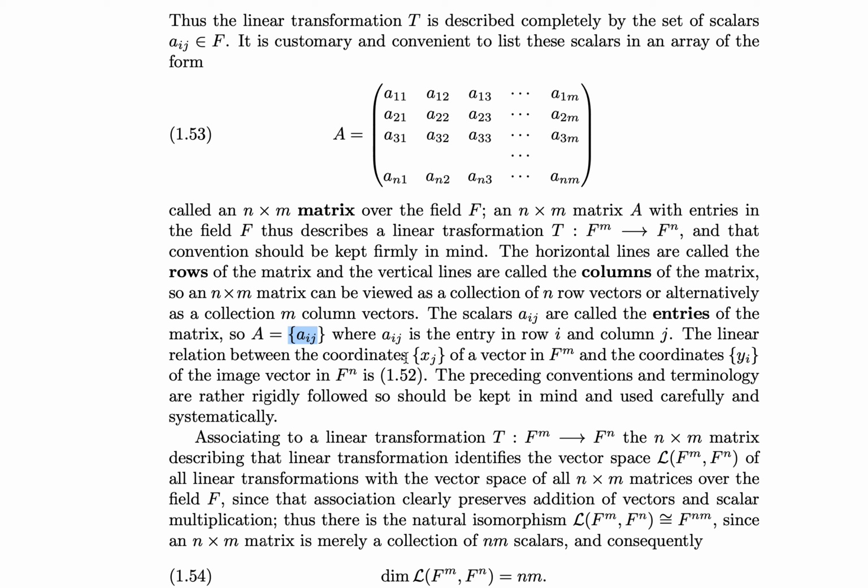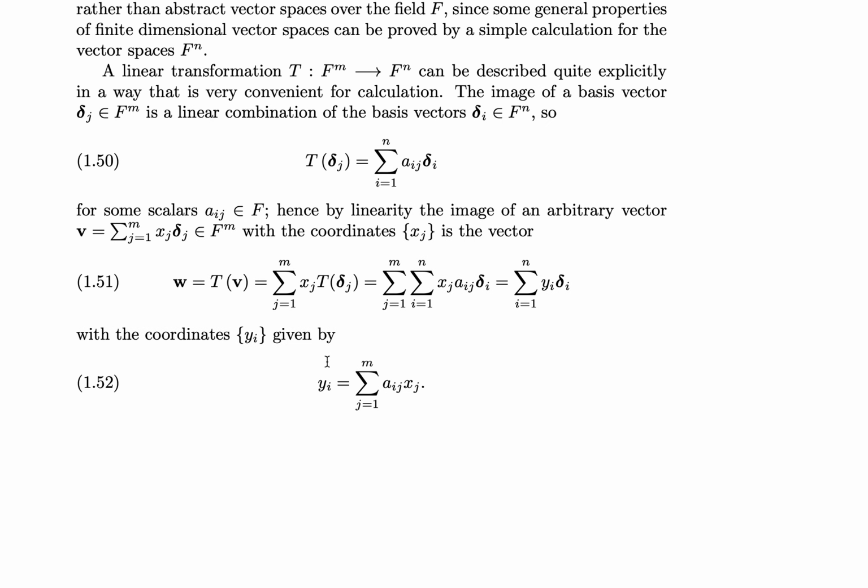The linear relations between the coordinates x_j of a vector in F^m and the coordinates y_i of the image vector in F^n are given, namely, in this sense. That is, you can express the vector w in terms of the delta_i's using y_i's, or you can express it in terms of x_j's using T of delta_j as each of your terms.